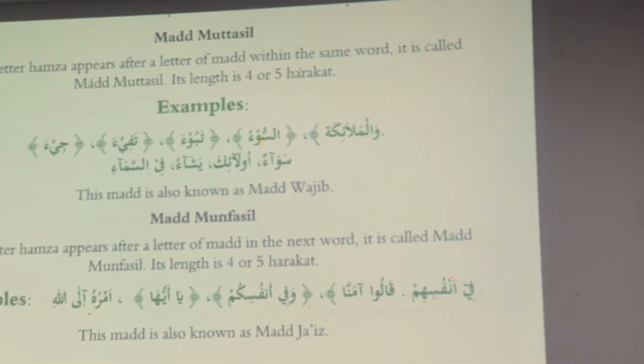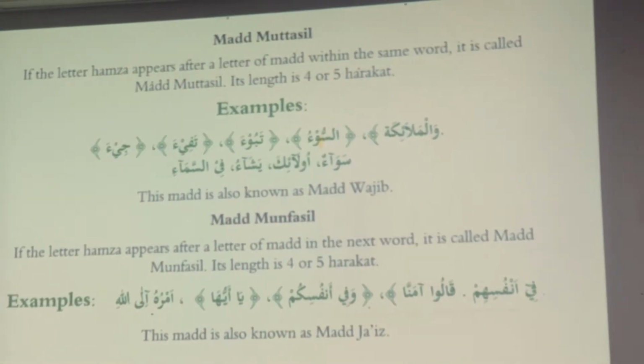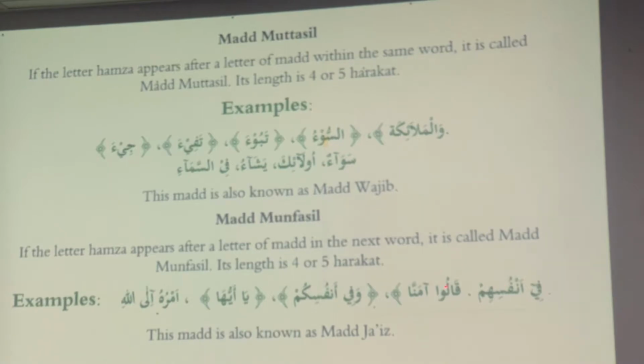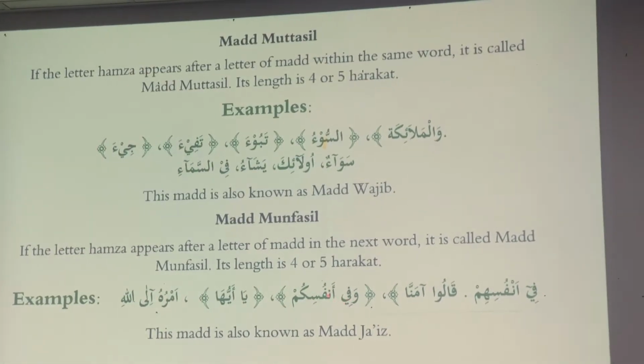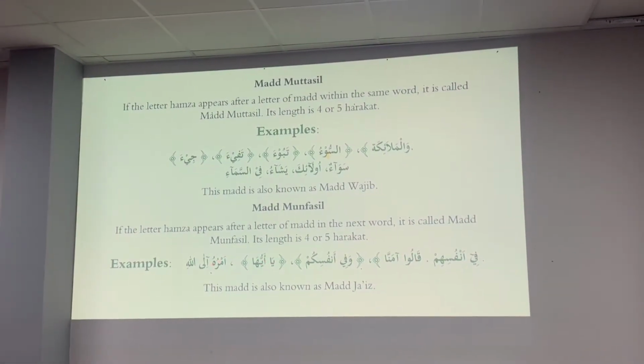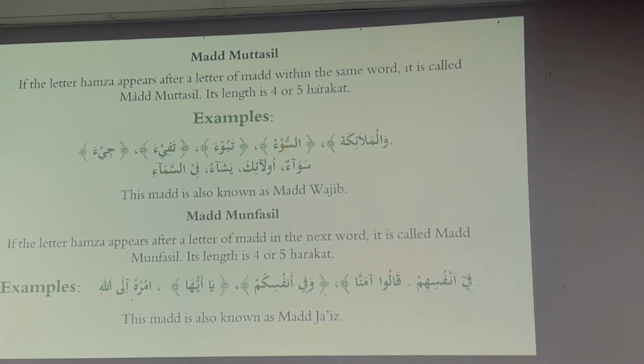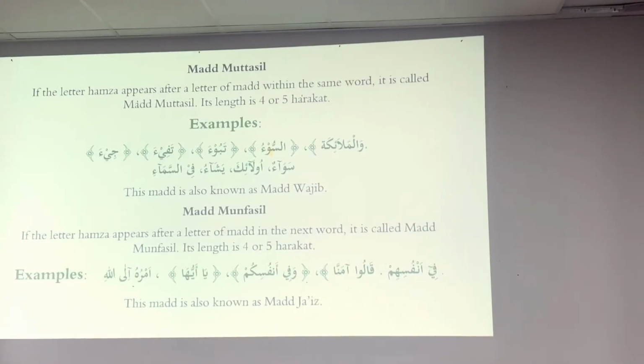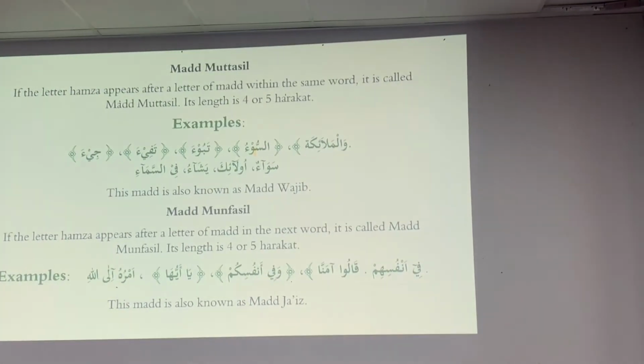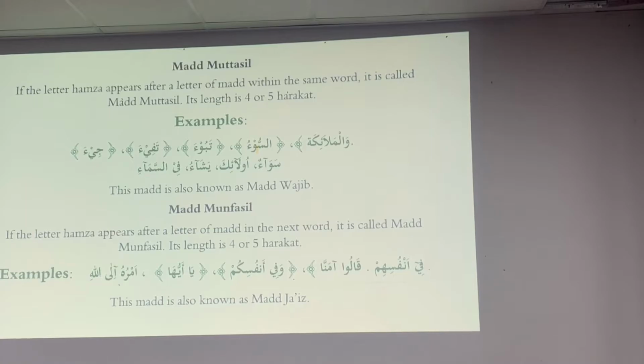In all these examples, after a letter of mad there is a hamza, but not in the same word, rather after the space: qalu amanna, wa fi anfusikum, ya ayyuha, amruhu ila Allah. So if the hamza comes after the space in the next word, it will be madde munfasil and not madde muttasil.